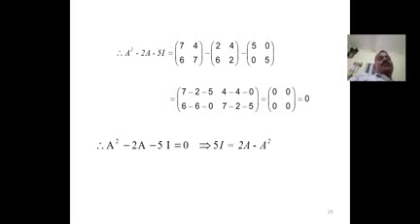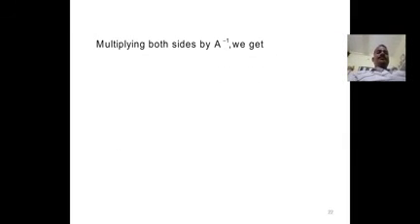But with the help of this result, we have to find A inverse. From this, 5I is equal to 2A minus A square. Pre-multiplying with A inverse on both sides, we get 5I into A inverse equals 2A into A inverse minus A square into A inverse.